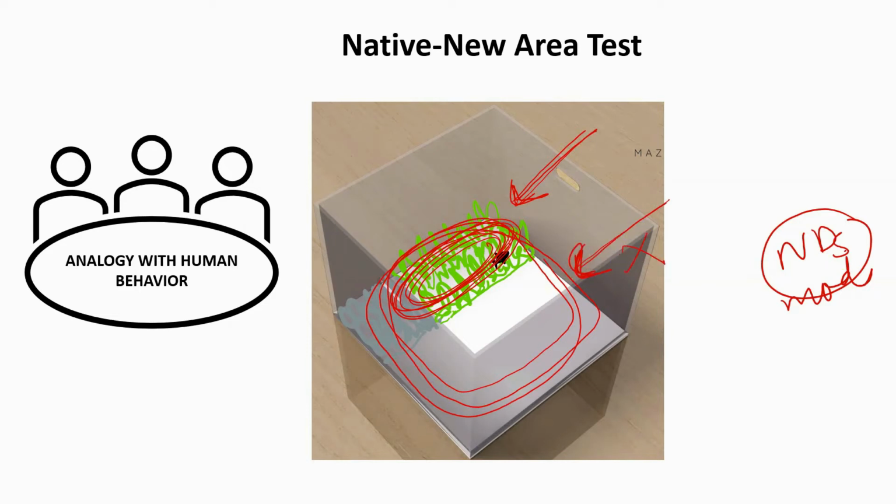No, this is not the case. The fish will be seen at equal times, at equal places in the entire chamber. It will not have a preference for either the native area or the new area, because definitely our subject has now forgotten their native area. So you can expect them to be anywhere in the native and new area test.